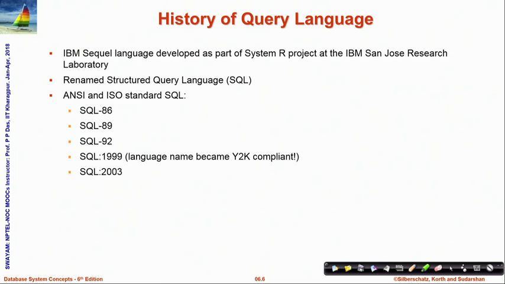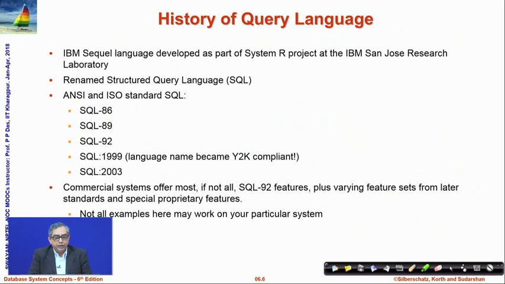Several standards of SQL have come up, with SQL 92 being the most popular one, and most commercial systems try to provide support for SQL 92 features, but they do vary between themselves.